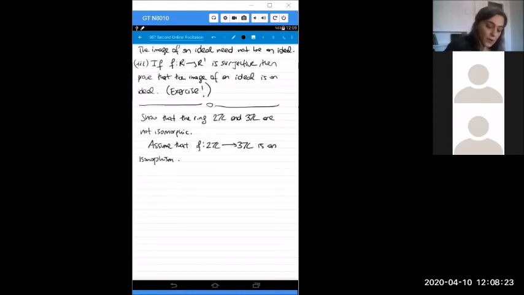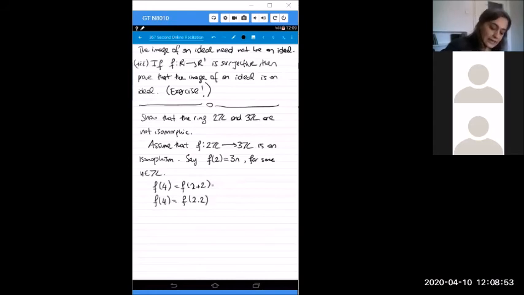Now what we know is that f of 2 is some 3n, for some n in Z. But if you consider f of 4, you can write it either as f of 2 plus 2, or as f of 2 times 2.